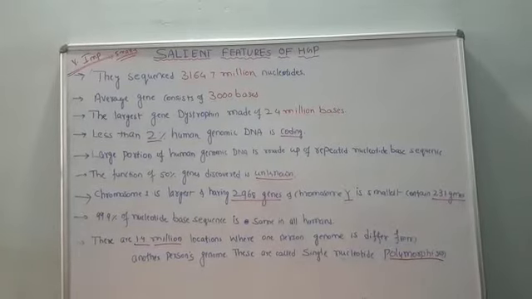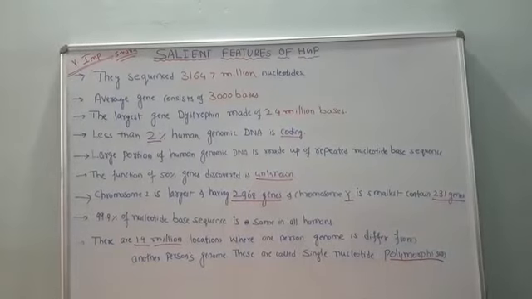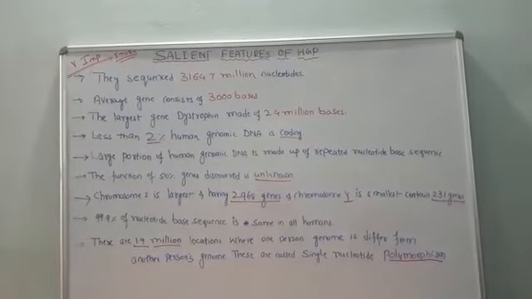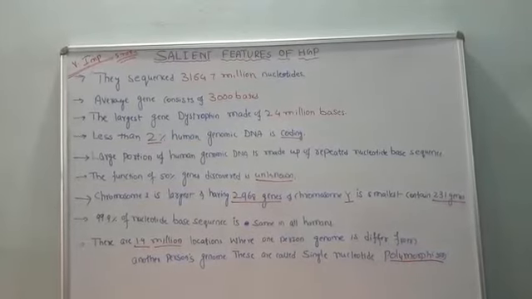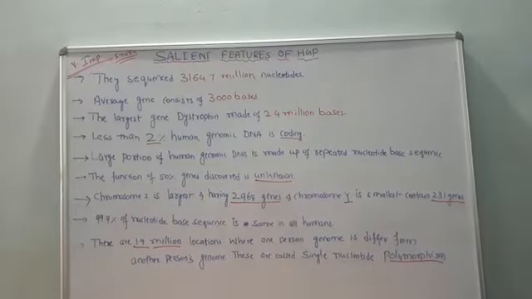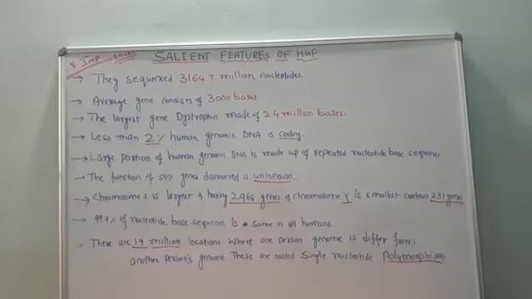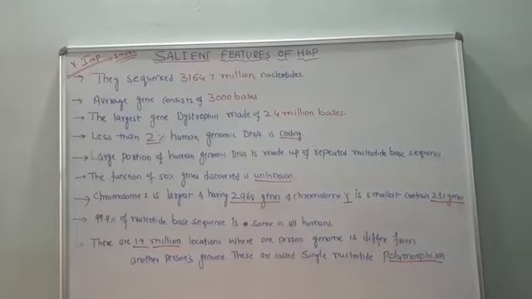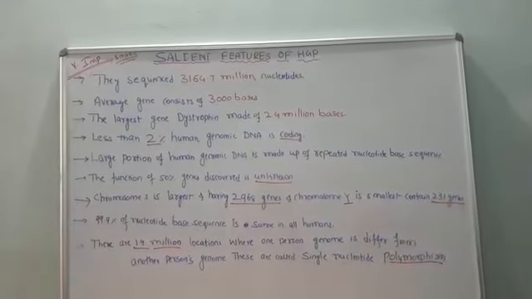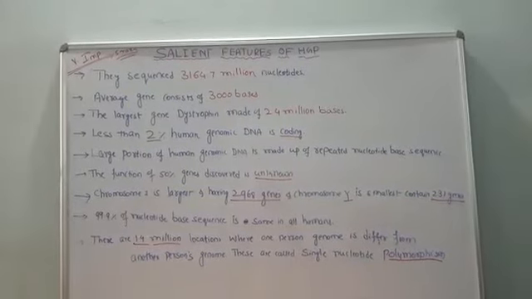So when we consider the eukaryotic gene, we come across coding and non-coding regions. But less than 2% of the human genome can code for protein, and the rest, 98%, does not code for protein. So this is a very small amount.